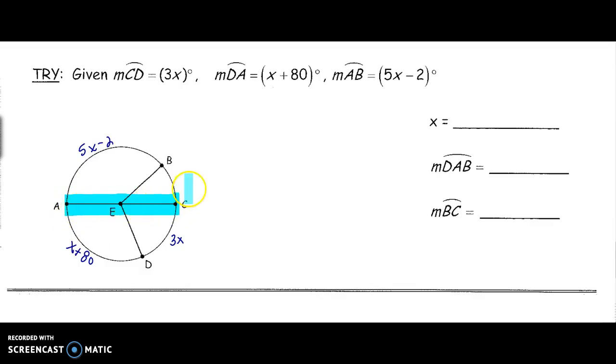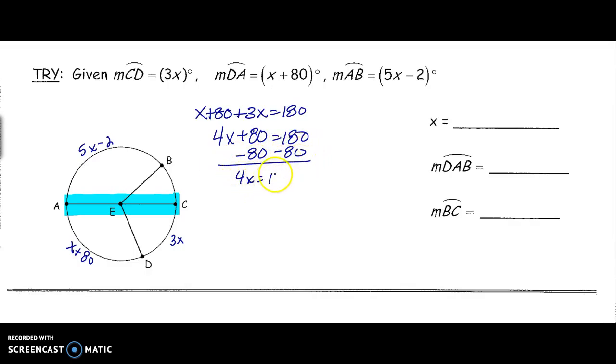Remember, a diameter is the only piece that can cut the circle in half, and a semicircle, half of a circle, is 180 degrees. So we have two measurements that we can add together and set equal to 180. So 3x plus x plus 80 gives 4x plus 80 equals 180. Subtract 80, so 4x equals 100, or x equals 25.